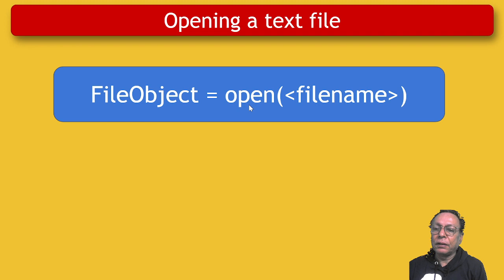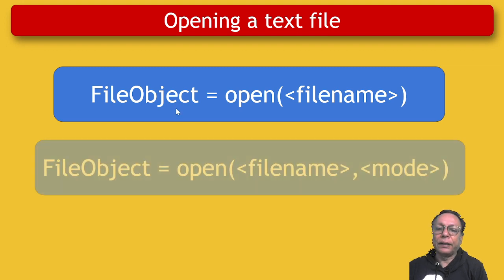This will open this file, and the file will be represented by the variable file object. So this variable will represent this file which is on the disk. We will not use this file directly; a file object variable will represent this file.